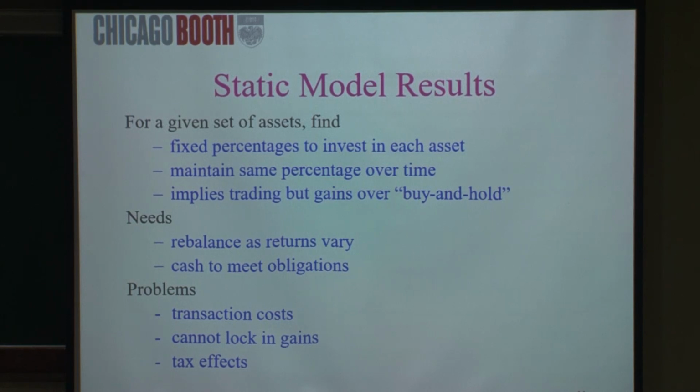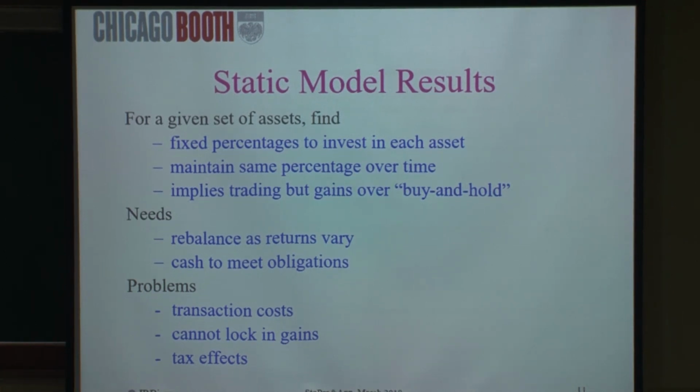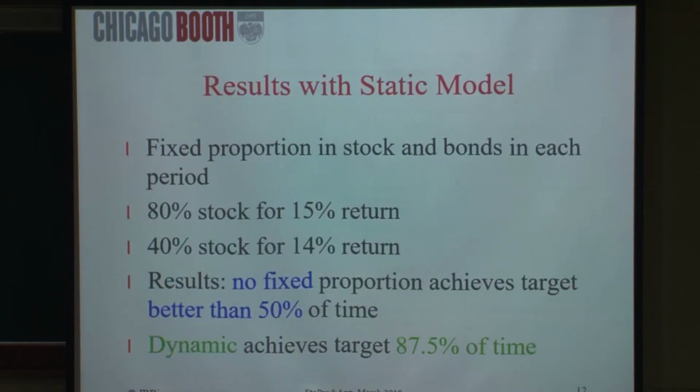You'd be able to say, oh, I already have enough to reach my goal, so I shouldn't take any more risk. In reality, you would want to be able to lock those gains in, but this model is going to suggest that you just maintain that given position over time. So that would be that you always hold a given amount in your stock and bonds.